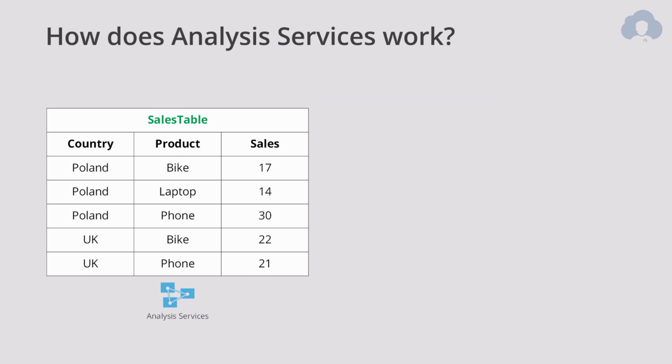If you have, for instance, in your Analysis Services a table, a sales table, it contains country, products, and sales for those products. It's a simplified data model with just one table. And you have your BI reporting solution, in this case Power BI.